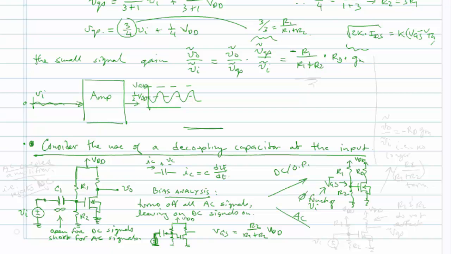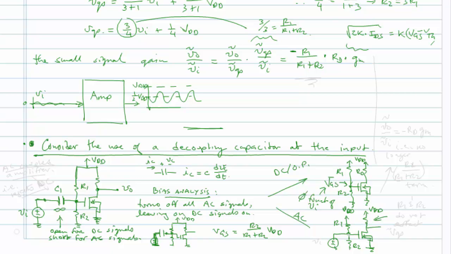But under AC conditions, when the input signal is varying, the source connects right to the gate. And although we still have R2 and R1 connected, they do not affect the voltage at all.